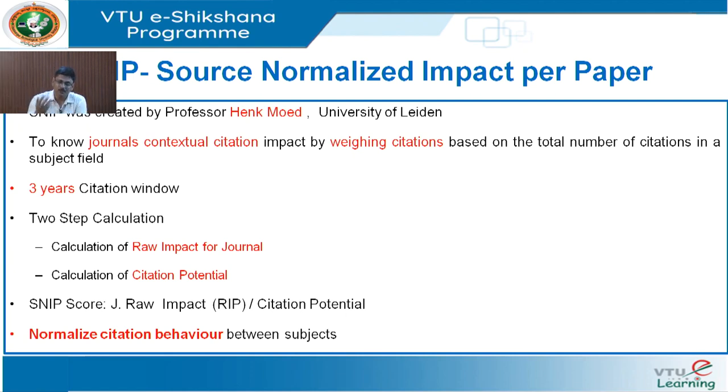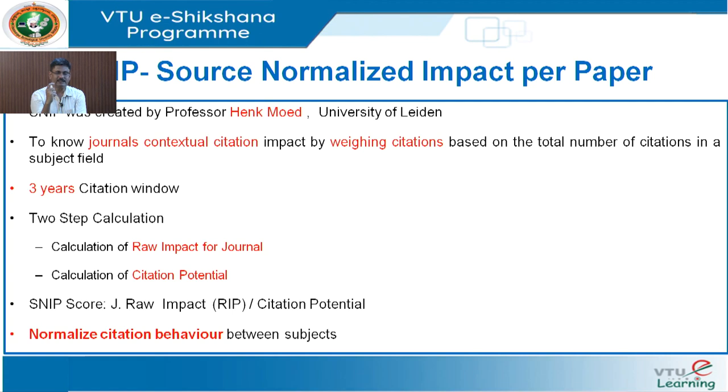So in order to do that, they came out with the Source Normalized Impact per Paper, where they normalize this CiteScore or impact factor. SNIP was created by Professor Henk Moed from the University of Leiden to measure the journal's contextual citation impact, weighing citations based on the total number of citations in the subject field.